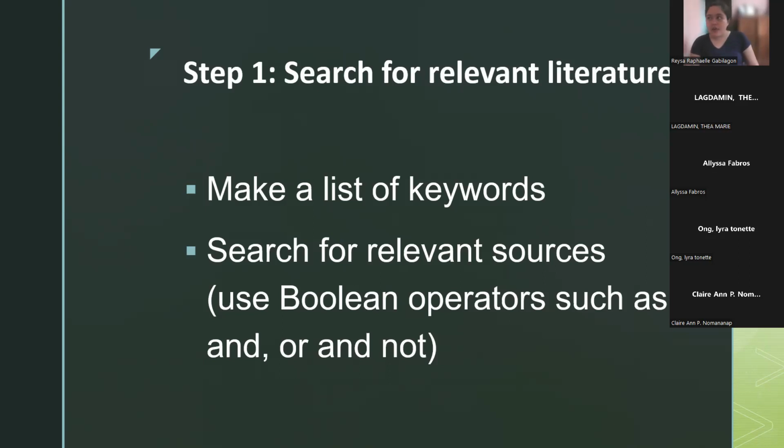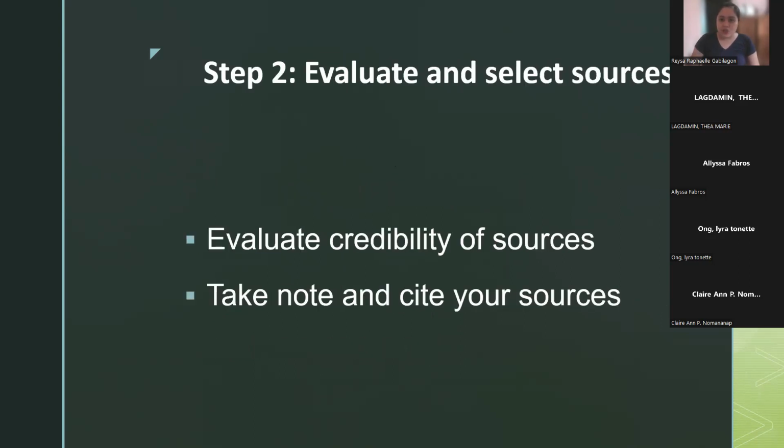In searching though, in the internet, you may use Boolean operators. Yan yung tawag natin sa and, or, not. Either ang purpose nito is to widen the scope of the search or to limit it. If lagyan mo siya ng not, you can limit the scope kung ano yung ilalabas niya na mga references while doing the search for the relevant literature.